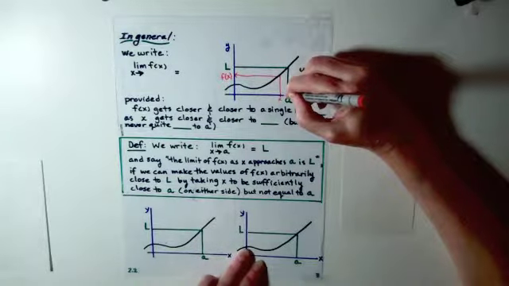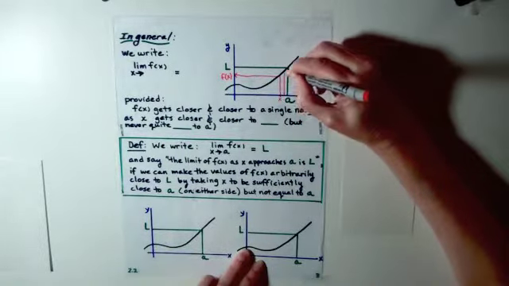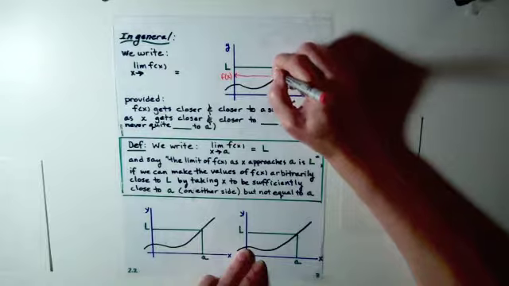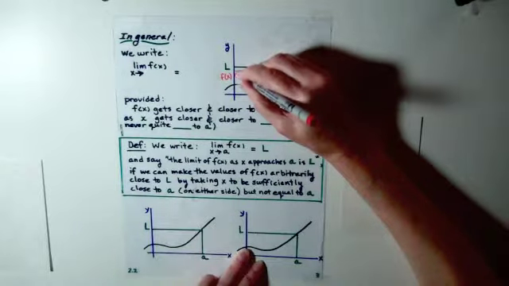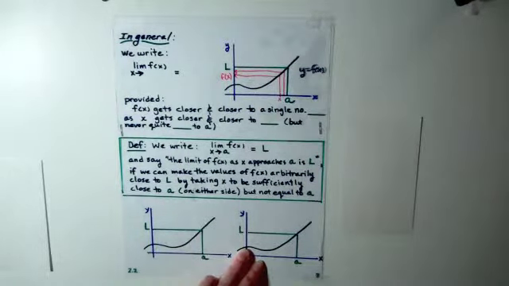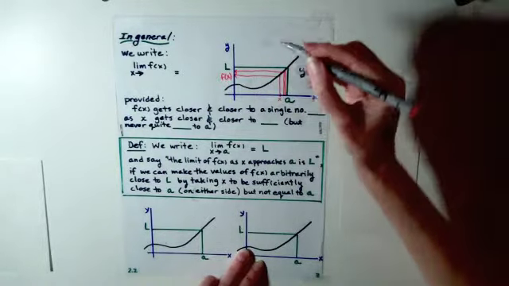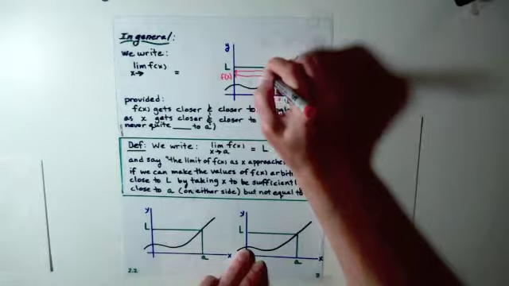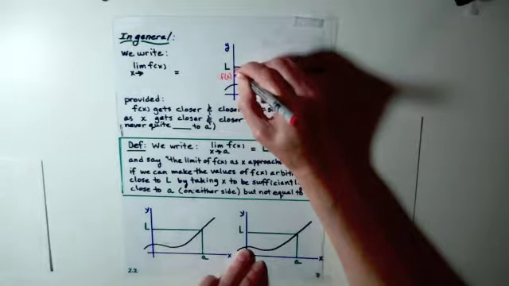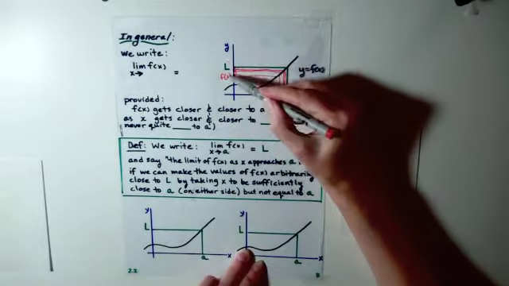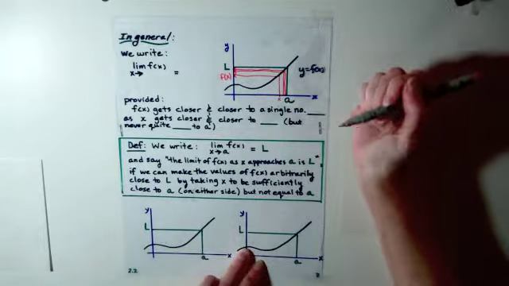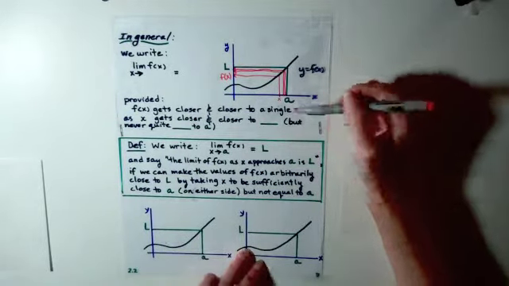If I choose an x value that's a little bit closer to a, what does it look like the outputs are getting closer to, if anything? It appears that the closer my input is to the value a, the closer my outputs are collecting to the value L on the y-axis. These were values that were a little bit less than a.